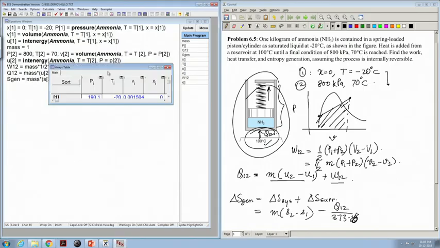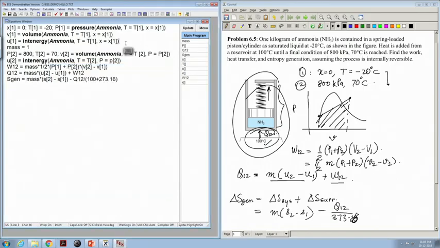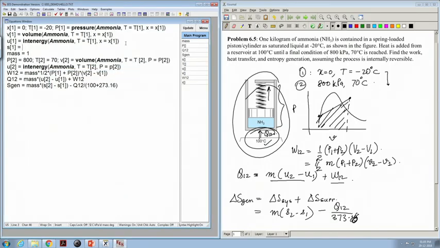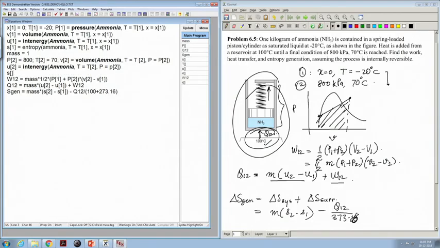So, we have obviously forgotten to define the entropy. We use the independent quantities T and x to find out the entropy at the first point. After that, we can find out the entropy by using the independent properties temperature and pressure.